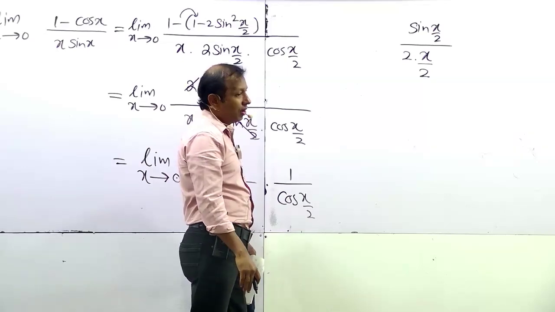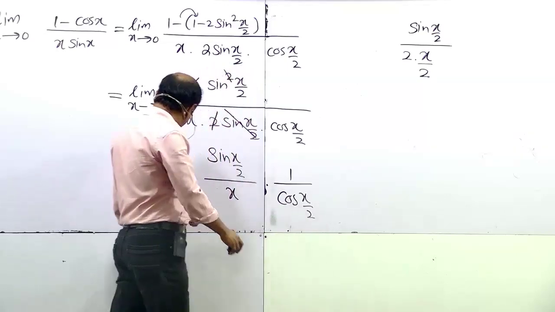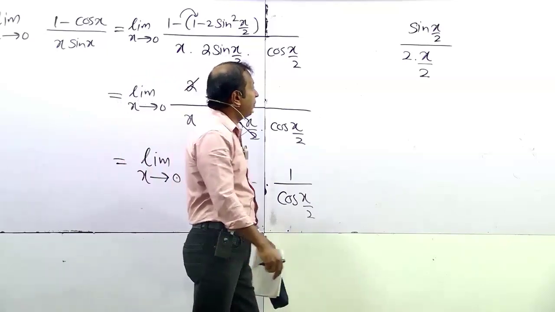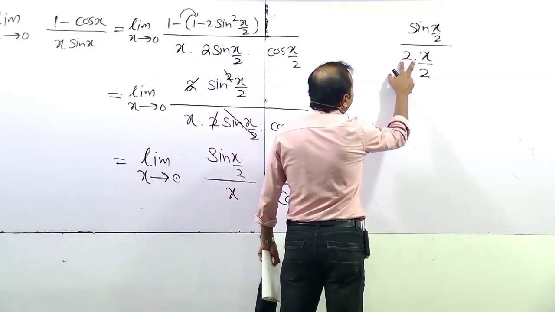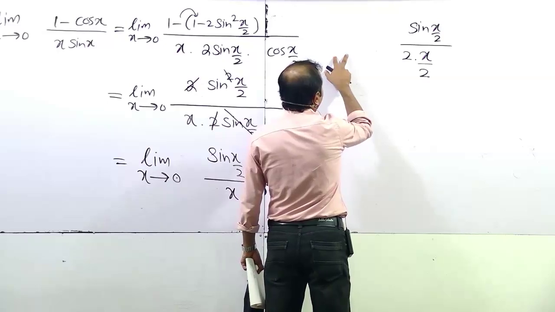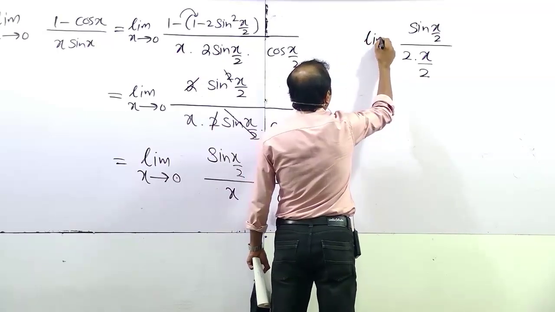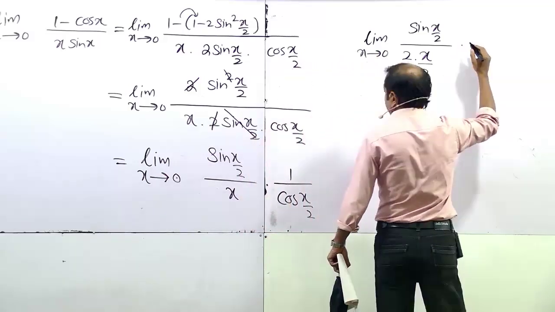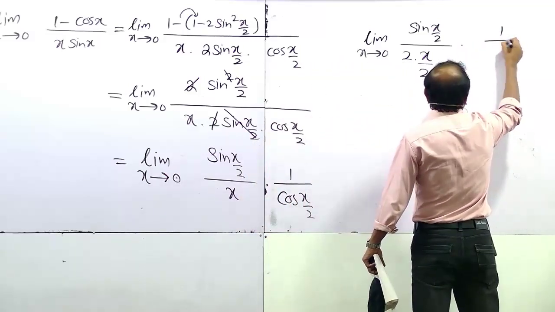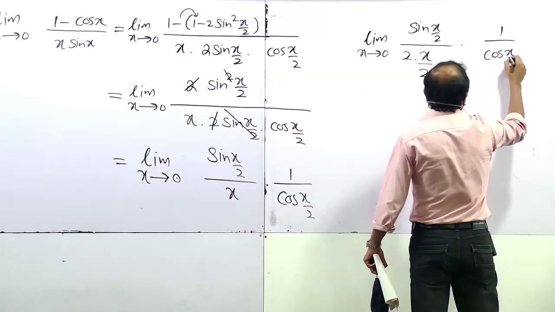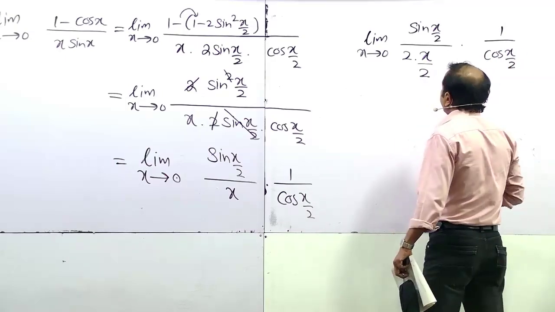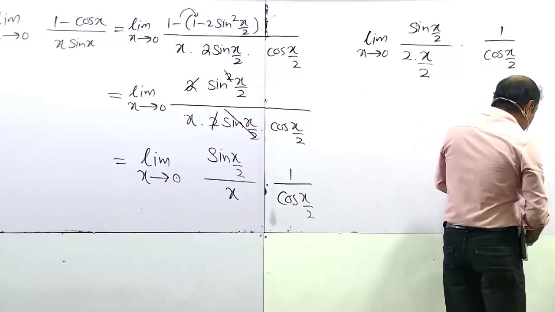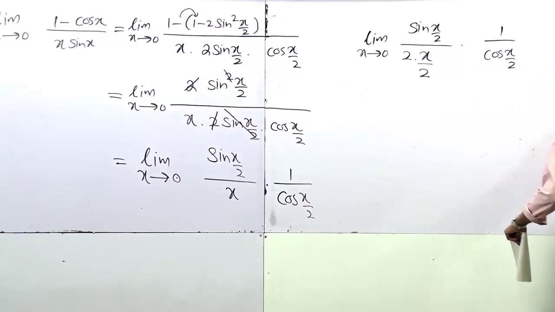Now, limit x going to 0. This 2 I write before this, in another step after this, like this. And here, 1 over cos x by 2. This way.